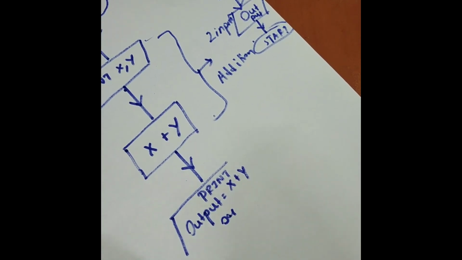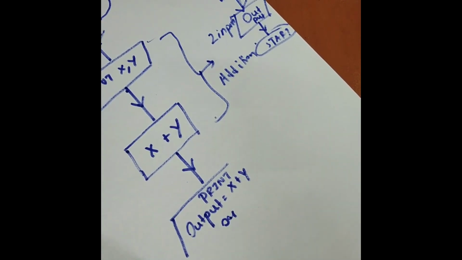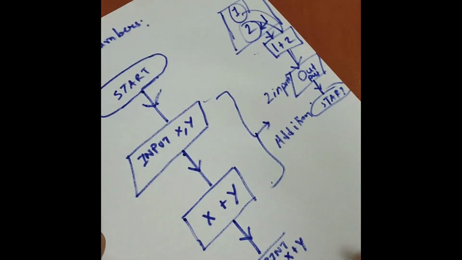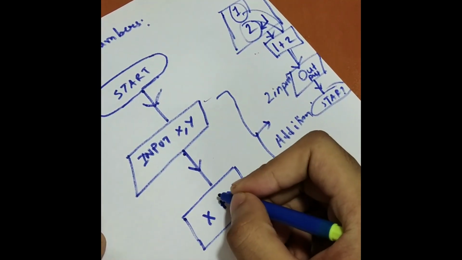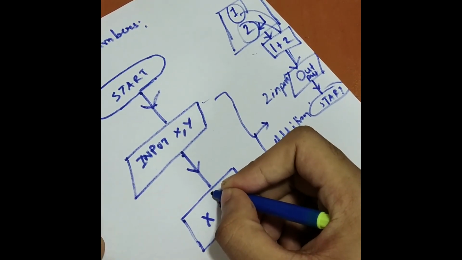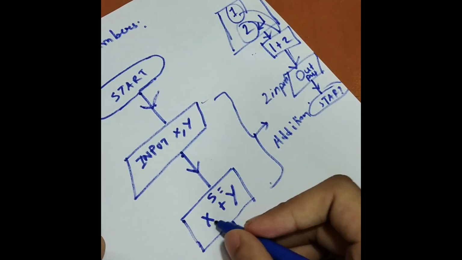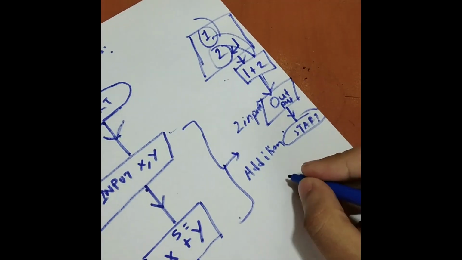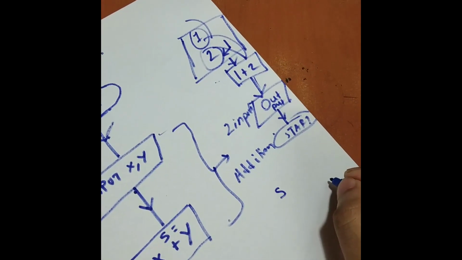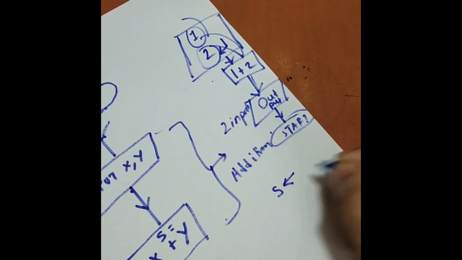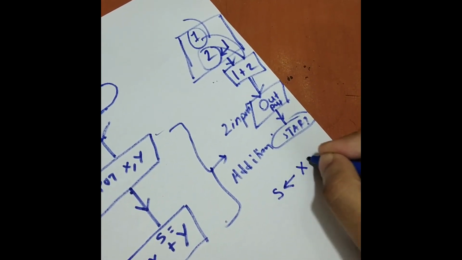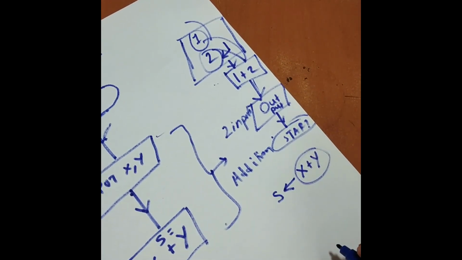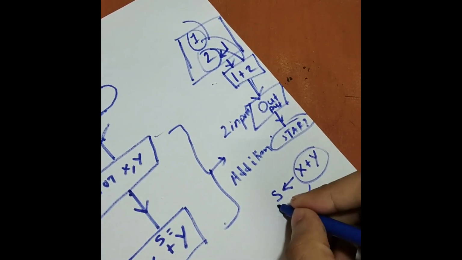We can write this, or what we can do, we can take a third variable here in this process box, like say s equals x plus y. What does that mean? I am taking a third variable, that is s, in which the value that is coming after adding these two variables will be stored.